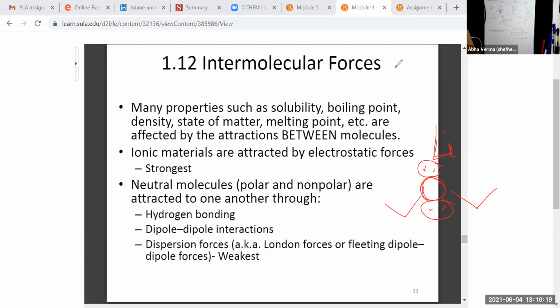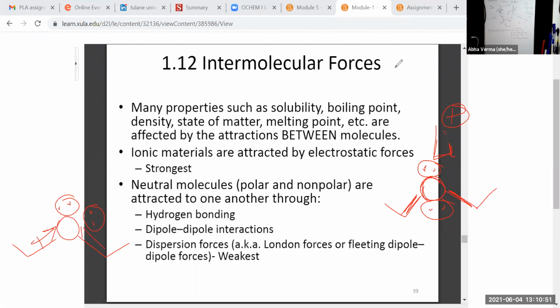Because this oxygen already has its 2 bonds and the 2 lone pairs. But in the presence of a metal ion, there develops a dipole.